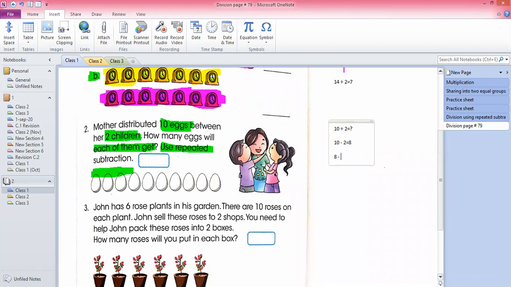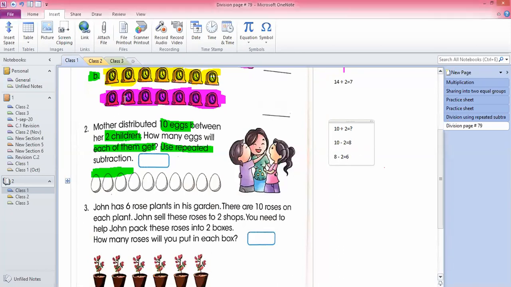That means I will give 2 eggs in total. So when I give 2 more eggs out of 8 eggs, how many eggs will be left? 6. Very good. The answer will be 6.